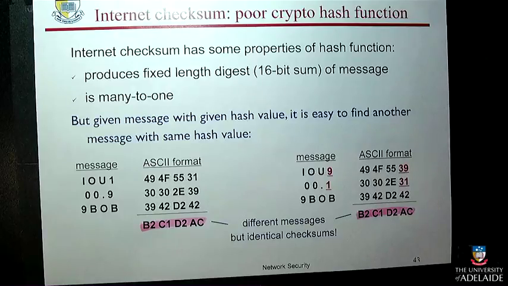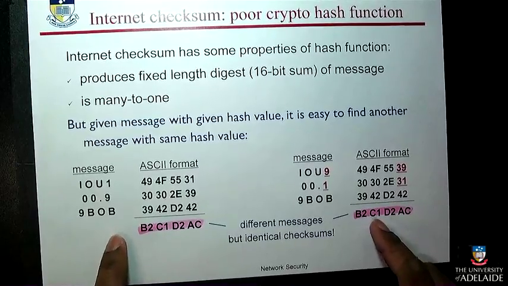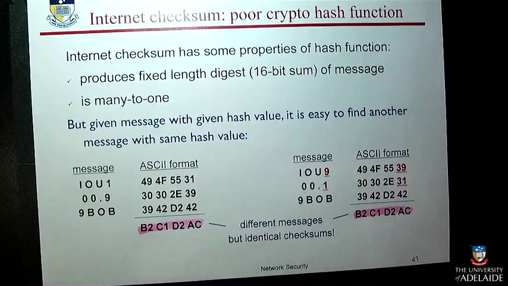That's called a collision. That's not a property you want to have. There are better hash functions out there, but this is one thing you want to avoid. You want to make sure that the hash functions you're using don't have collisions, or at least those collisions don't lead to a meaningful message, so that somebody can't substitute two messages without altering, let's say, the digital signature. See the problem?